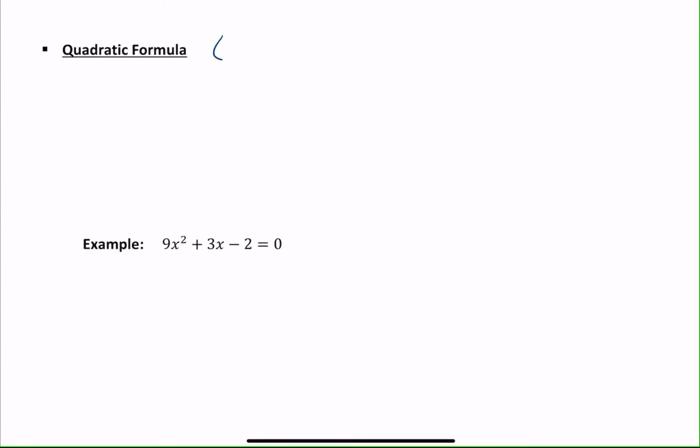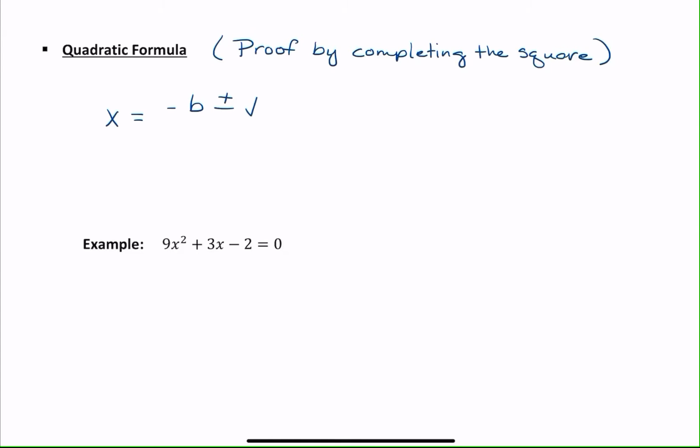If you want to Google it, you can look up the proof by completing the square, and it'll prove where this formula comes from, which says that x equals negative b plus or minus the square root of b squared minus 4ac all over 2a. That is the quadratic formula.